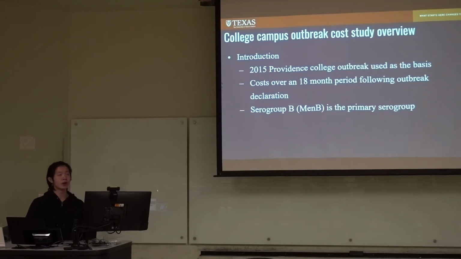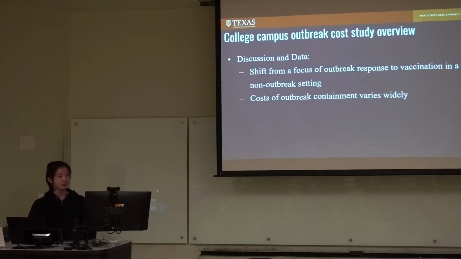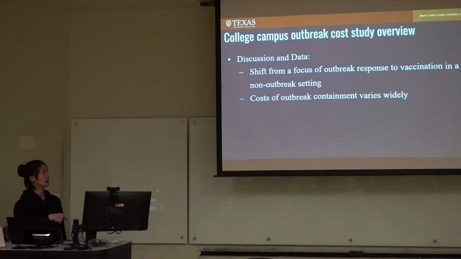The unique part about this study is that they don't just focus on vaccine costs, they also focus on staff, other resources, quarantine, things like that. What the data pointed to was that there should be more focus on vaccination in a non-outbreak setting rather than responding to the outbreak.